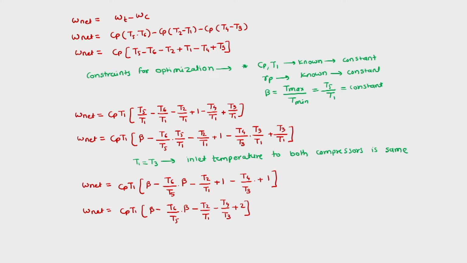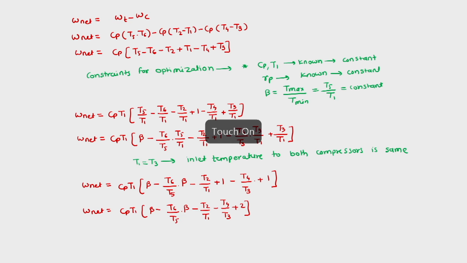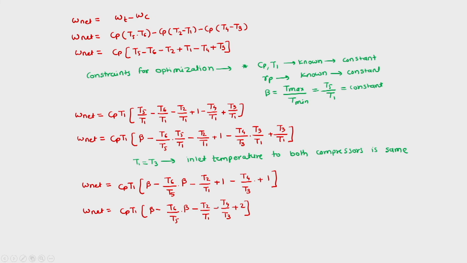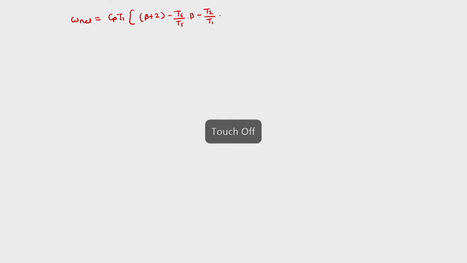So this expression we can take as W net is equal to Cp T1 (beta plus 2 minus T6 by T5 into beta minus T2 by T1 minus T4 by T3).